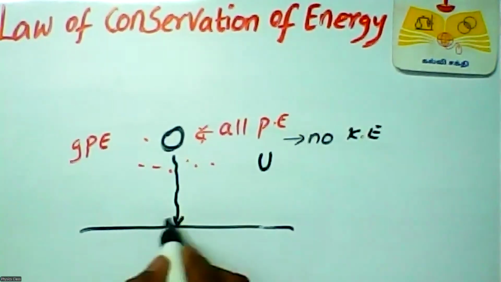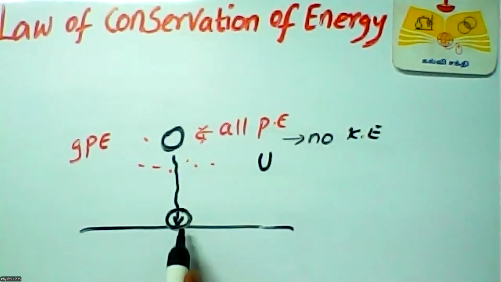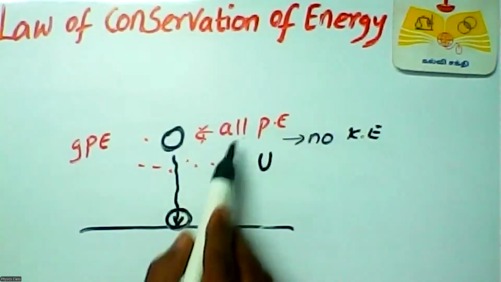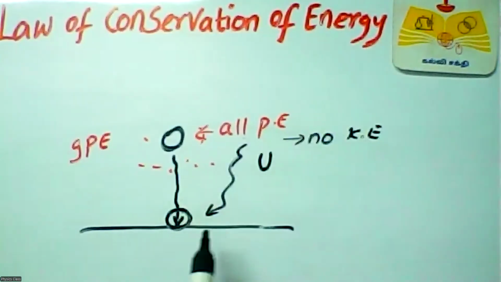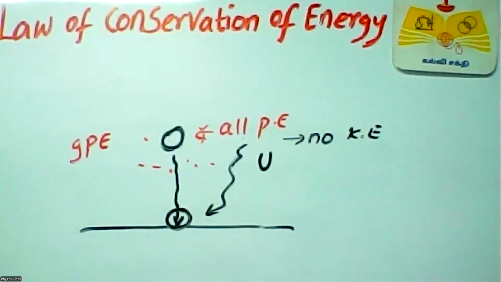Once it hits the earth's surface, it only sits there. Clear? In that situation, gravitational potential energy is converted into some other energy, some form like kinetic energy or thermal energy.